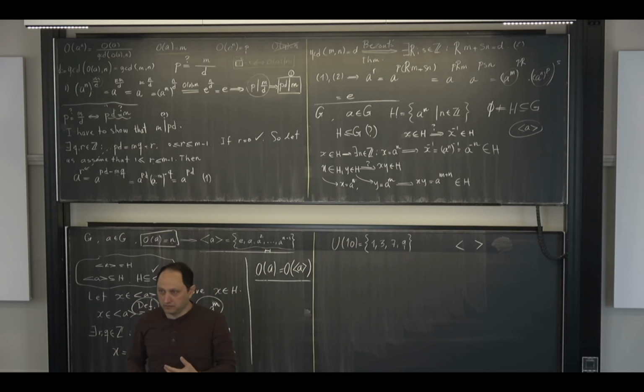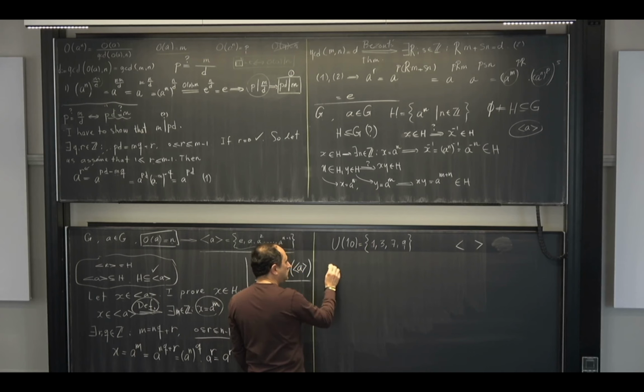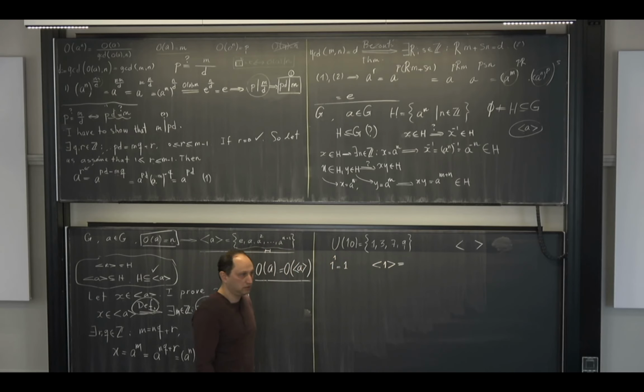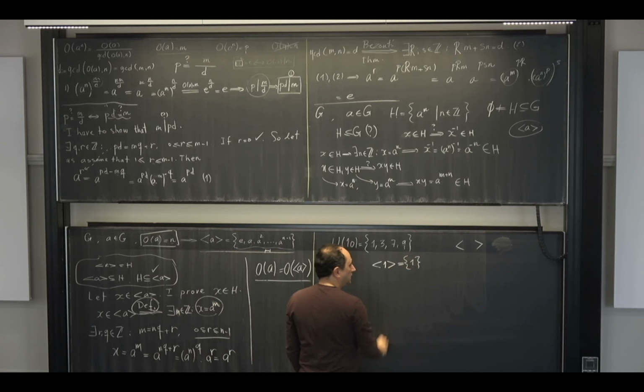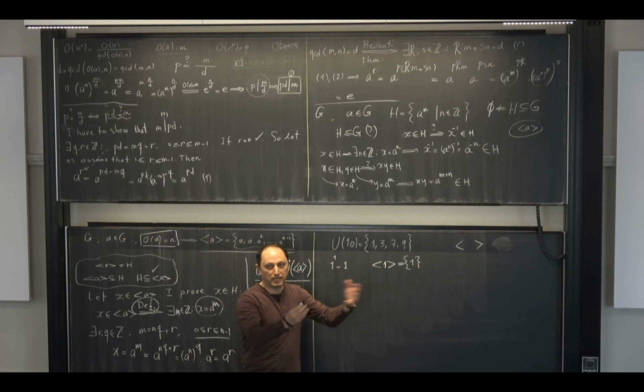For example, if I start with 1, 1 to power 1 is just 1, and 1 to any power is 1. There's only one element there, and that's 1, but this did not generate the whole set.